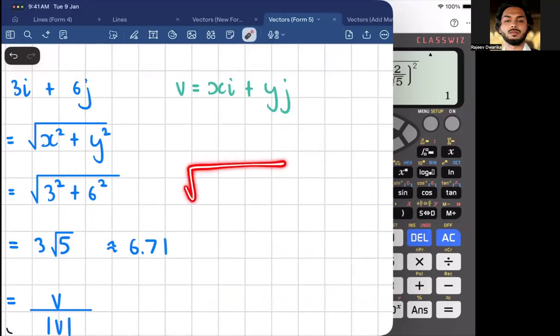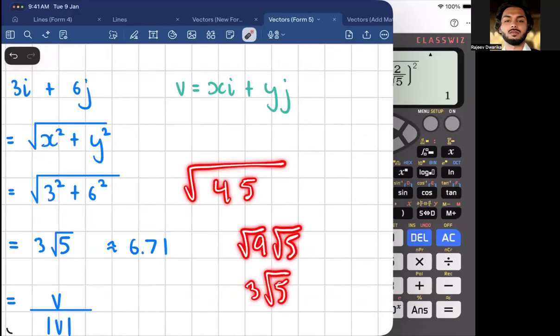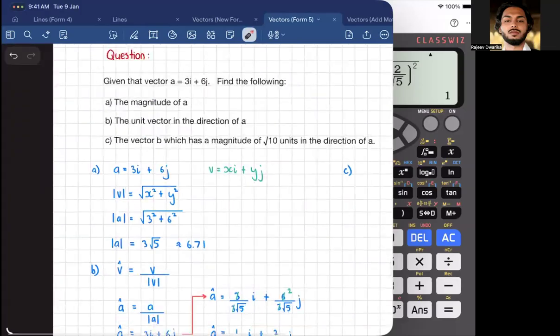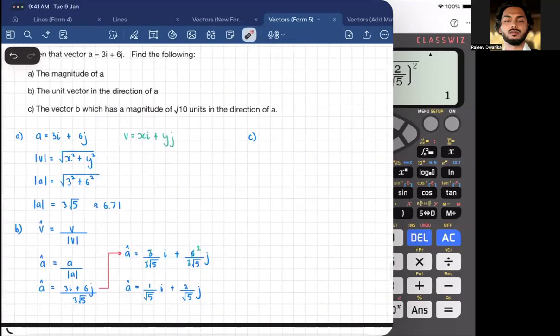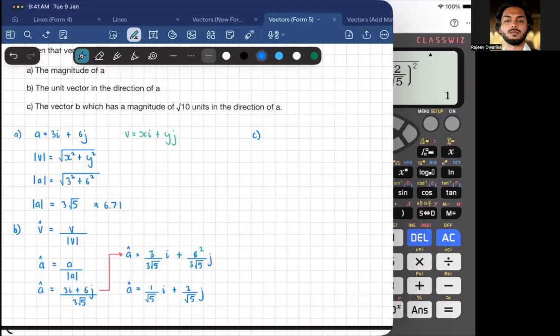So you would end up with 9 plus 36 is 45, and the square root of 45 is the same thing as root 9 by root 5, and the square root of 9 is 3. So 3 root 5. You'd have to manually work it out. You wouldn't get the answer on the Sharp. That's why Casio is the way. It makes your life a lot easier.